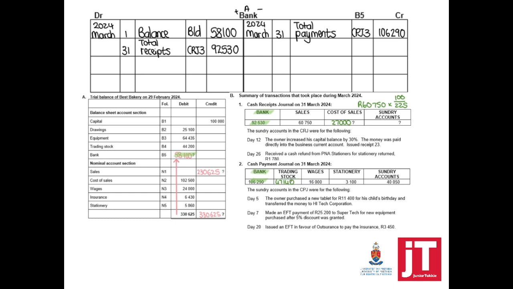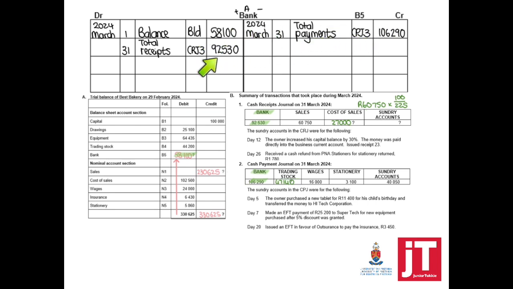Once we've taken bank from the cash receipts journal and the cash payment journal, we can balance this account. Again, be very careful. I can start with a positive debit balance, but I can end with a negative, a credit balance, meaning now that we owe the bank money. We've now got a bank overdraft. So you always need to check the debit and the credit side.